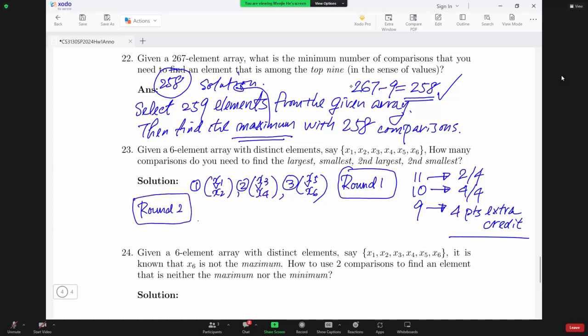In round 2, I compare x3 and x5, the larger of the 2 elements from the previous round.